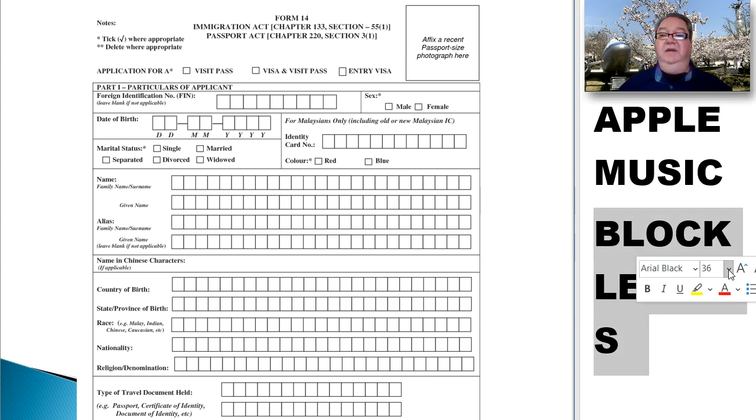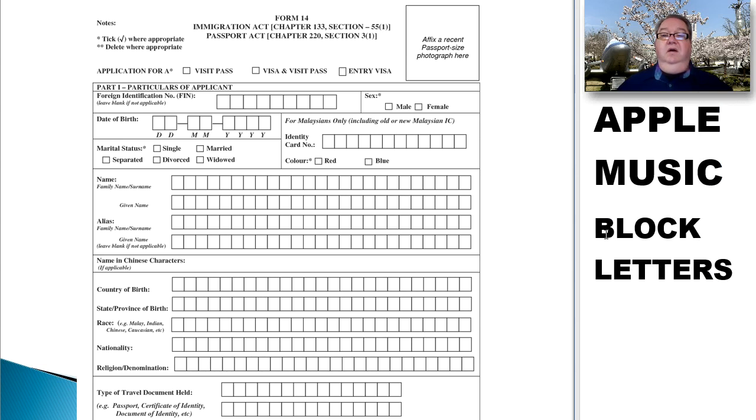Because if you use lowercase letters, the tails would come down below there and almost into the other boxes, and so they don't fit neatly inside all of these little boxes or blocks. So for something like this, you would use block letters.